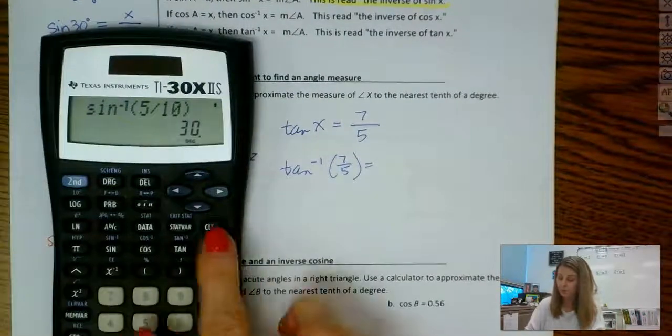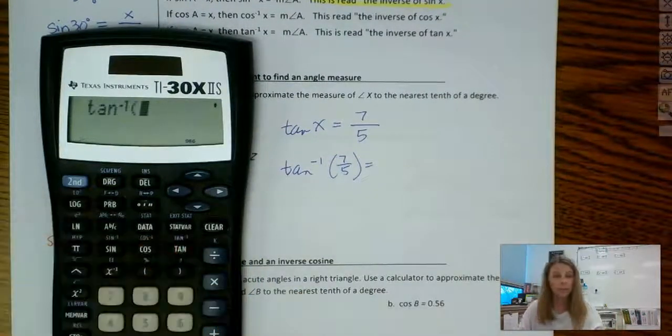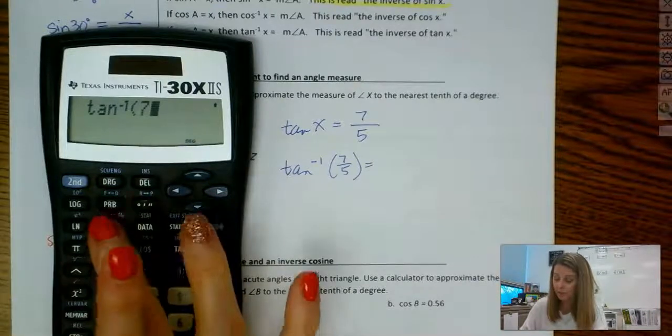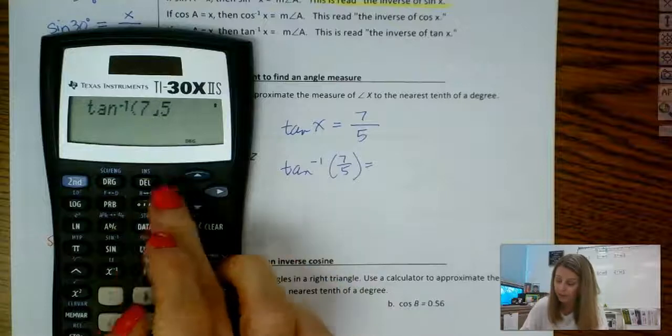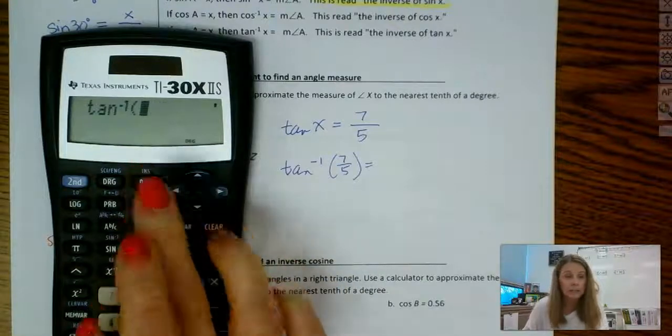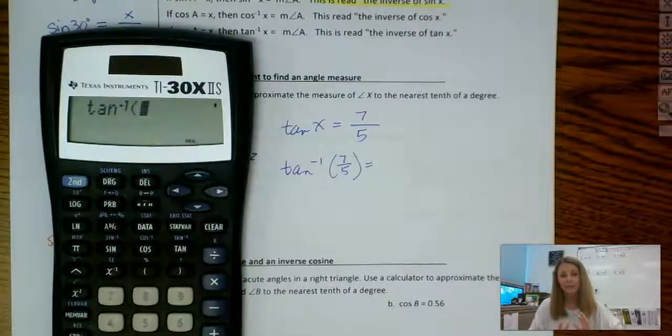So I'm going to go second tangent, there's my inverse, and like I said, I'm just going to type it in. You can do a fraction, okay, but I don't typically do that because sometimes the calculator doesn't like having the various symbols within the tangent. So I just type it in as a fraction.